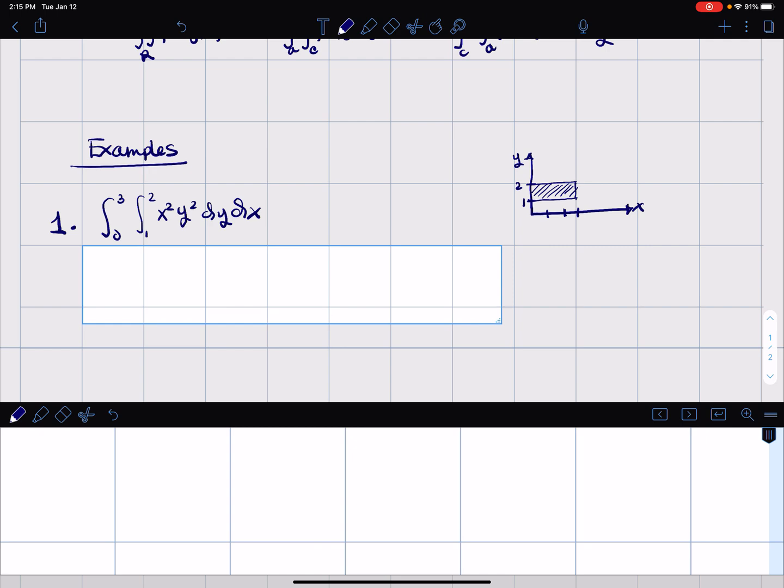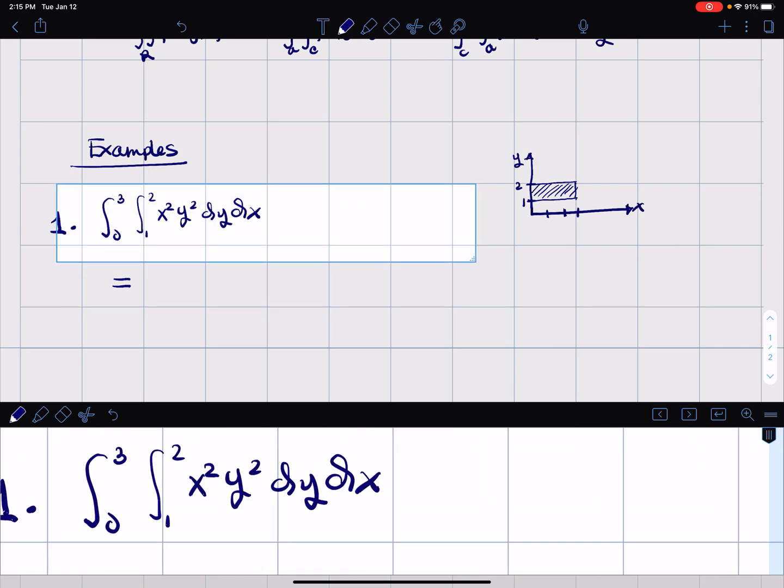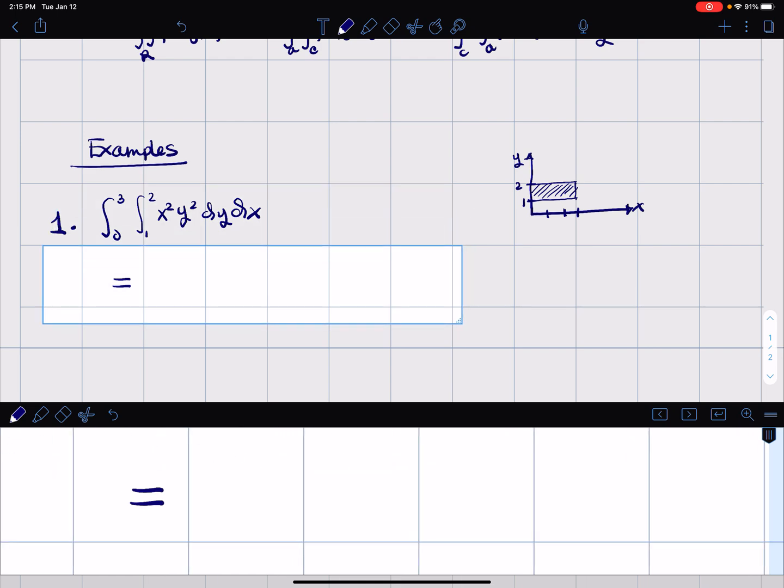Okay. So we take the integral one after the other. When you're integrating with respect to x, you're treating y as a constant. But actually, let's start with respect to y in this case because y is inside.